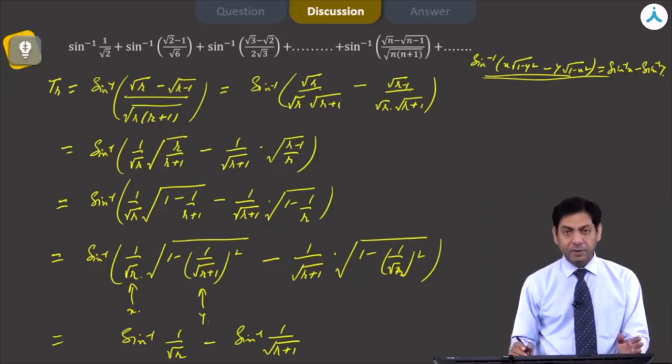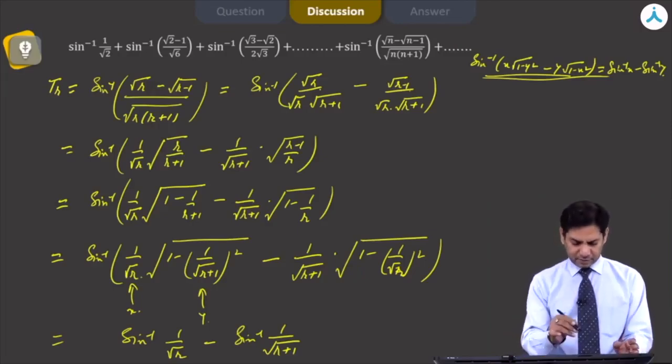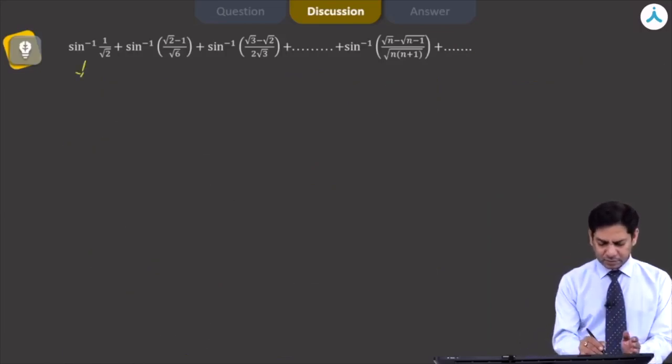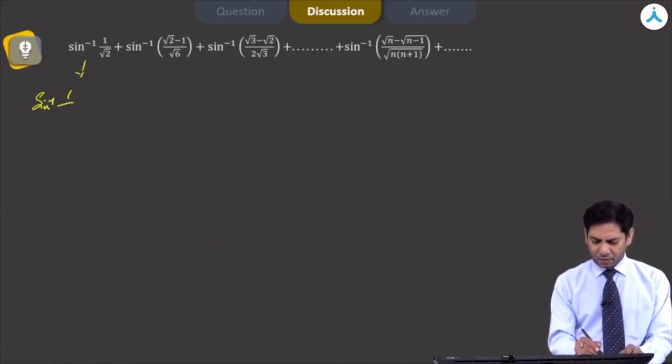This can be done. Once we have done that, then by putting r equal to 1, we should be getting the first term and so on. So let's do that. For r equal to 1, this term splits into sine inverse 1 by 1 minus sine inverse 1 by root 2. This is the first term.